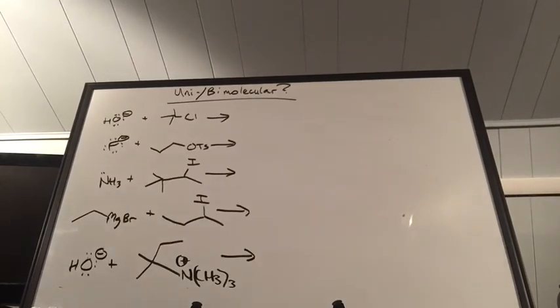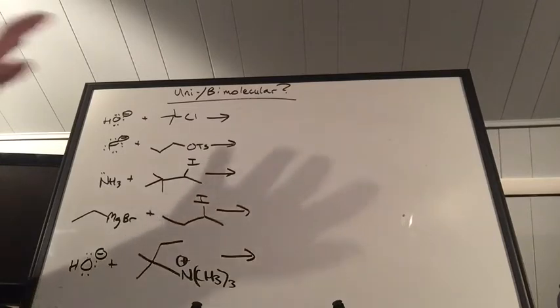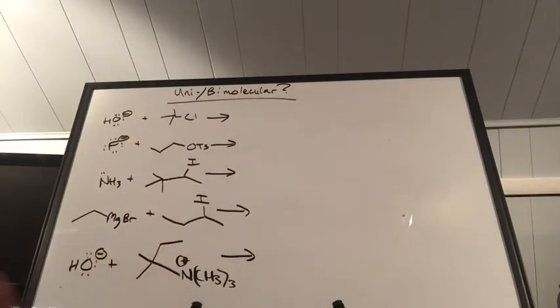Okay, so for these 5 substitution reactions that you see here, let's deduce whether they're going to be unimolecular or bimolecular based on what kind of substrates we have. Okay. Now, the first one up at the top is going to be tert-butyl chloride. So that is going to be very much not a bimolecular mechanism, even though we have a strong base here. So that base concentration is relevant.